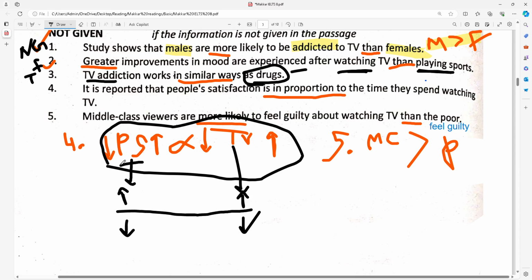Now, how can we contradict it? We can contradict it only when, by watching TV, let's say, so this is a true statement. In these two cases, it is going to be true.